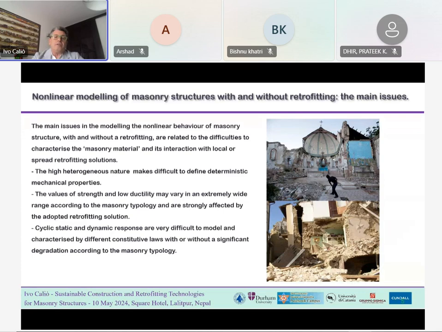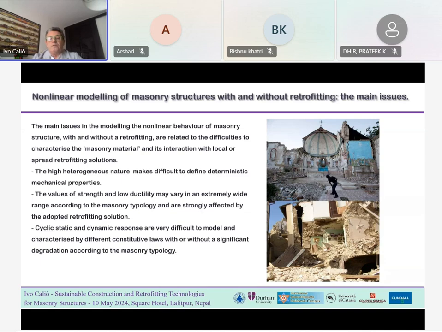The values of strength and ductility may vary in an extremely wide range according to the masonry typology, and are also strongly affected by the choice of the adopted retrofitting solution.